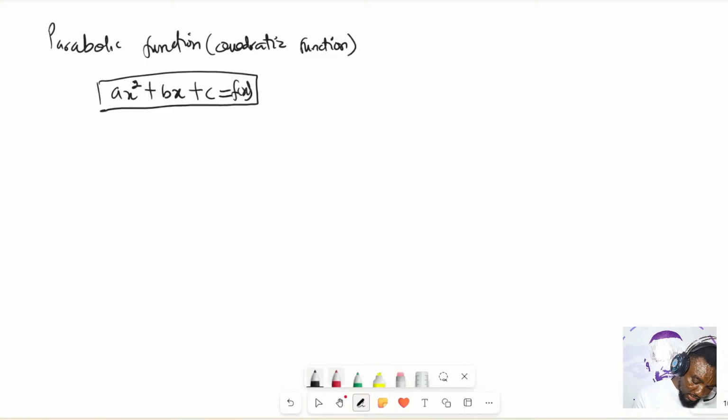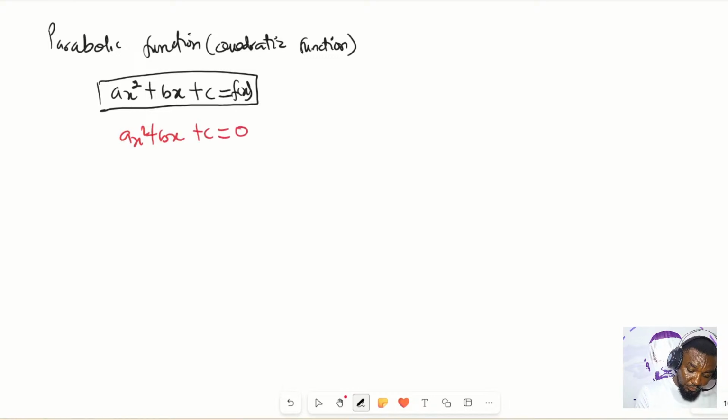When we write it as ax squared plus bx plus c is equal to 0, then it becomes an equation. That is basically what a parabolic function is.